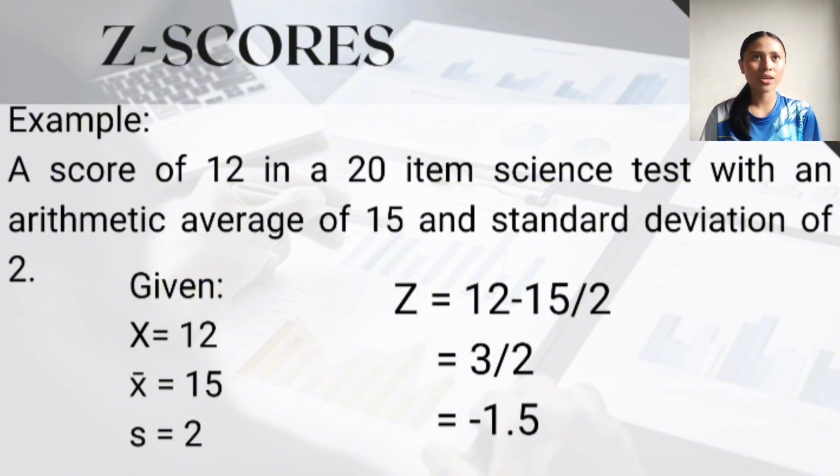So let's use the formula of z-score. Z equals raw score minus our mean, then divided by our standard deviation, which is 2. So 12 minus 15 equals negative 3, then divided by 2, so we get negative 1.5.